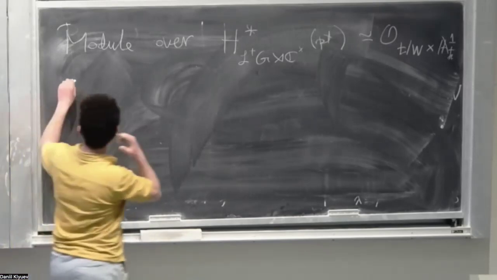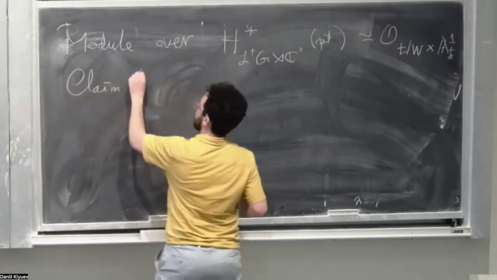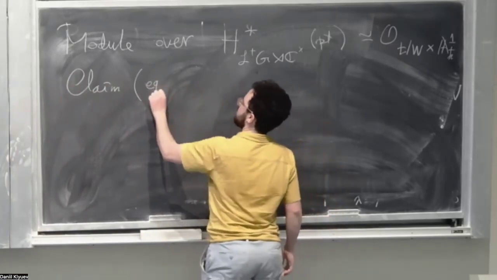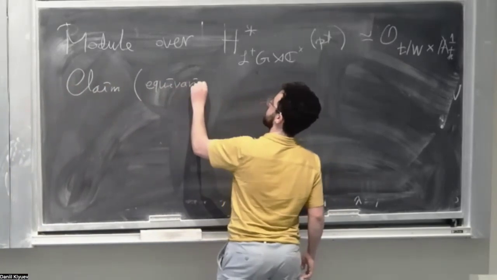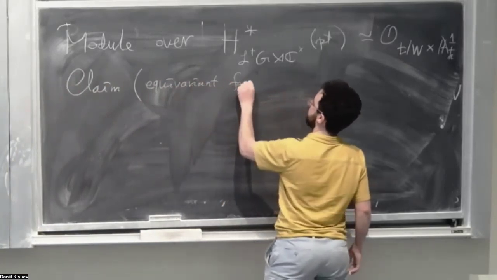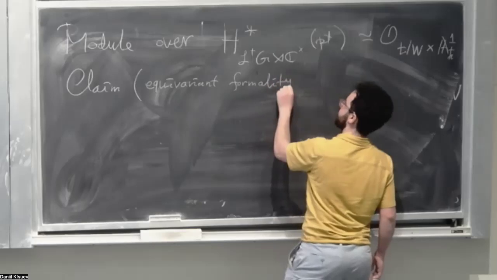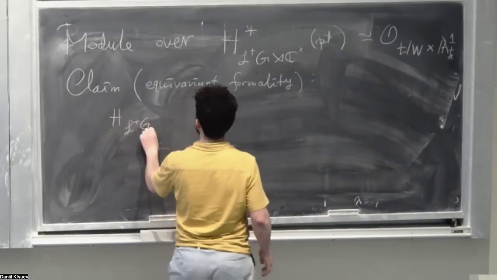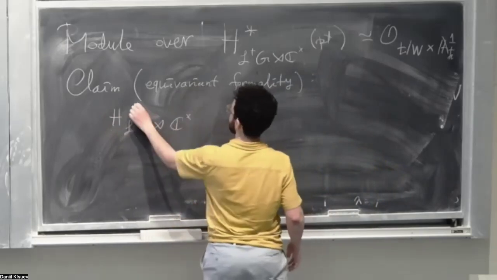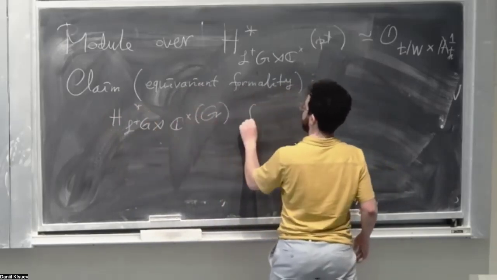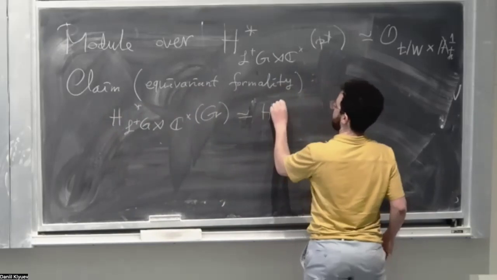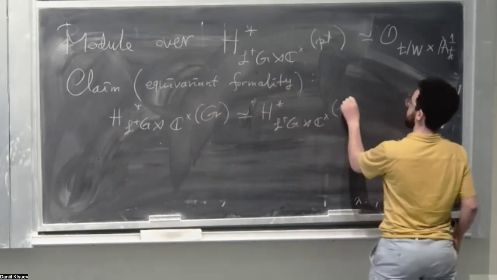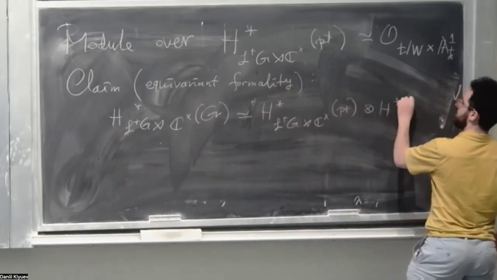Okay, so now the claim is something called equivariant formality, I think. It says that this is a free module over the cohomology of L plus G to run, a point, tensor with the homology of the affine Grassmannian.